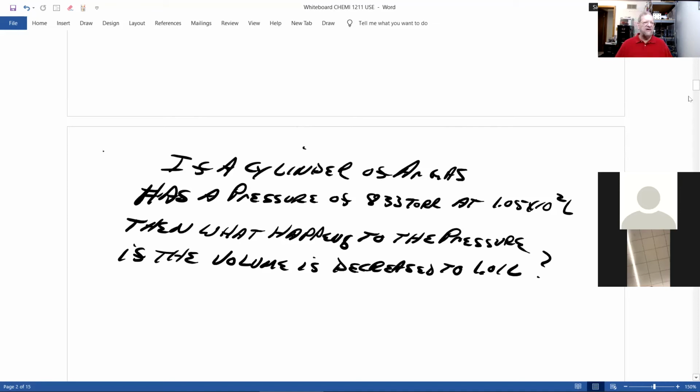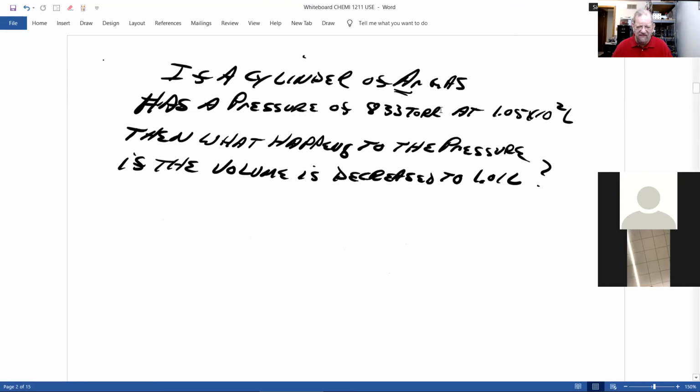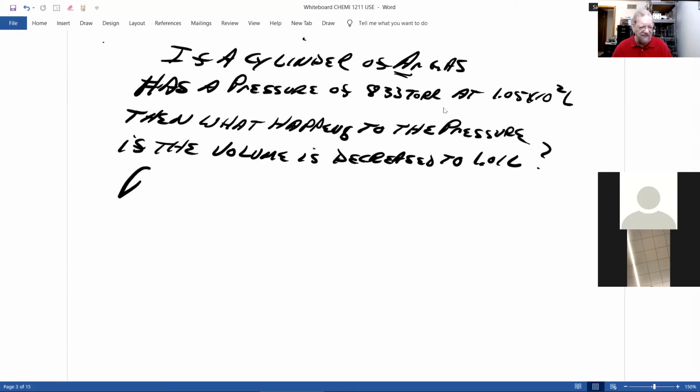All right, your turn. If a cylinder of argon gas, remember Ar is argon, has a pressure of 833 torr at 1.05 times 10 to the 2 liters, then what happens to the pressure if the volume is decreased to 1.01 liters? And I'll help you out.